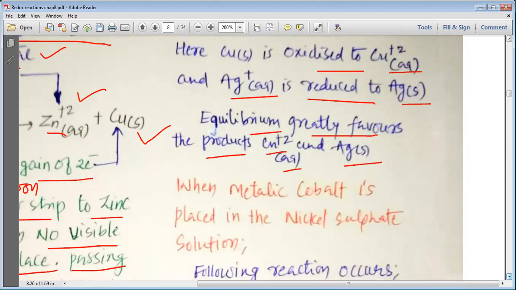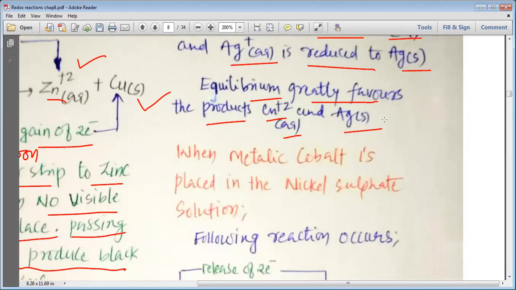At equilibrium, we can have various evidences that Cu plus 2 ions are present. Generally, the blue color of the solution indicates that Cu plus 2 ions are present, and we can visibly see the deposition of silver on the copper strip.